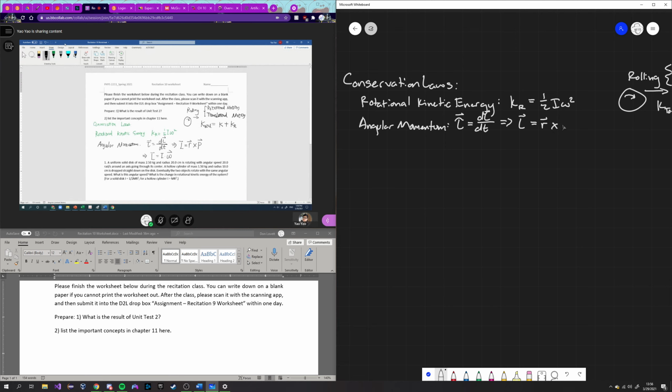So here I would like to give the highlight of the equations we are learning here. You will use this equation and this equation most of the time when you solve angular momentum and rotational kinetic energy questions.